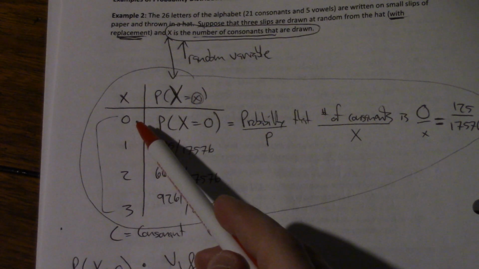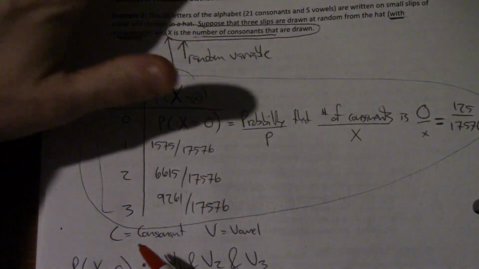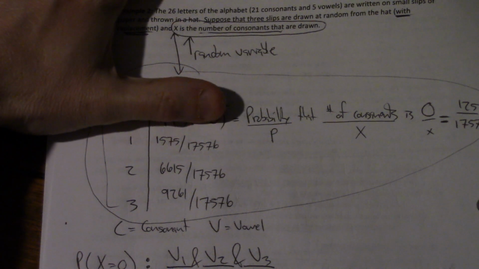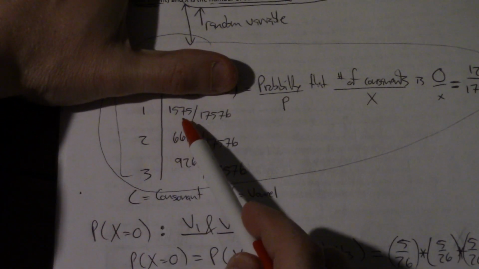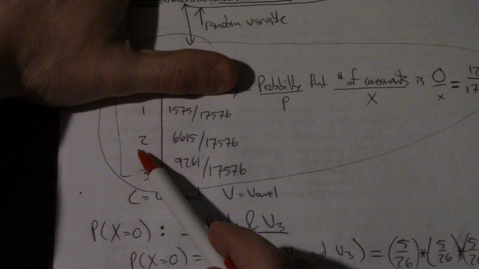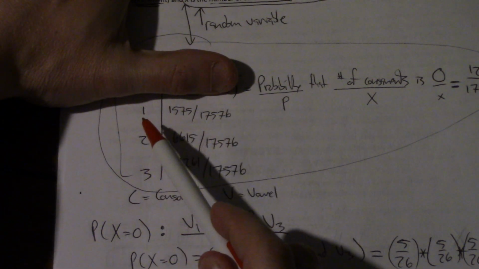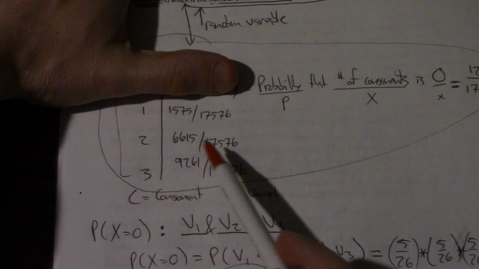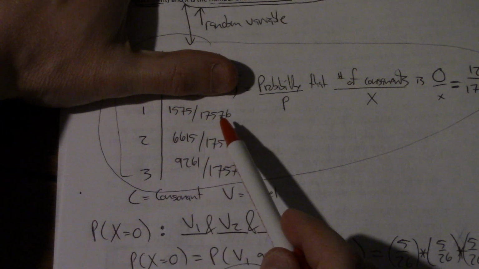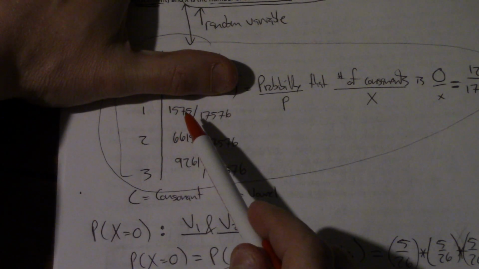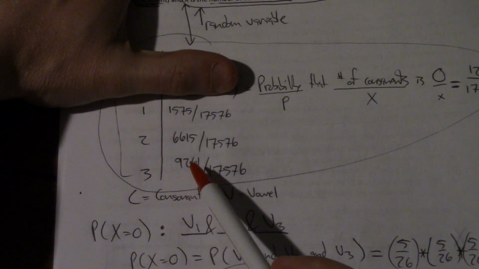So, say that you forgot about x is 0, and you found these all just like we did, thinking about what the slips of paper could look like, following that same process. Something to check when you think you're done is add up your probabilities.